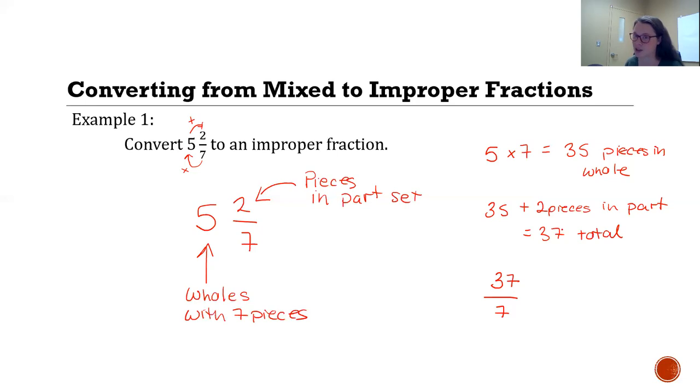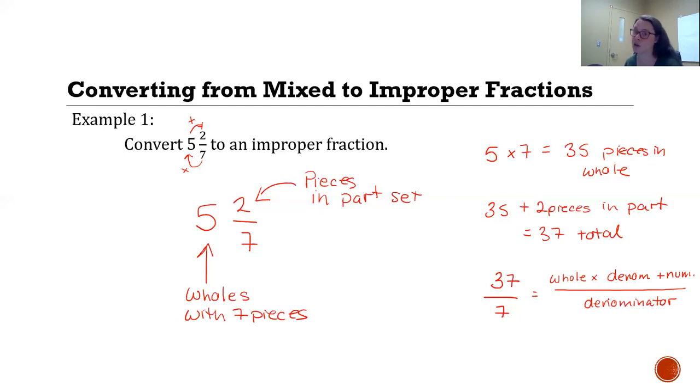That will give us every single time the number of pieces. So if we were to write this out as a formula, we take whole times denominator plus the numerator, divided by, or underneath, what the denominator really was.